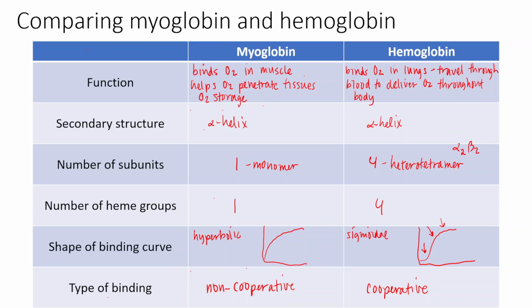Any questions so far about the differences and similarities between myoglobin and hemoglobin? Yeah. Would you say the cooperative binding is that as 1 oxygen binds, it increases the binding affinity of the groups next to it? Essentially, yeah. So we're going to get more into it, but there's 2 different states that each of the subunits can be in that affect the shape and that affect the likelihood or the ease of oxygen binding to the heme group.